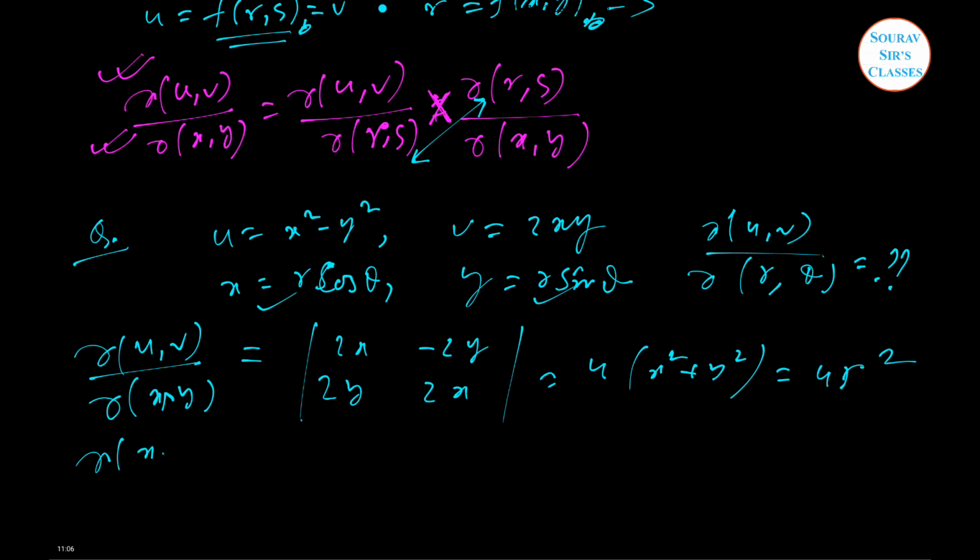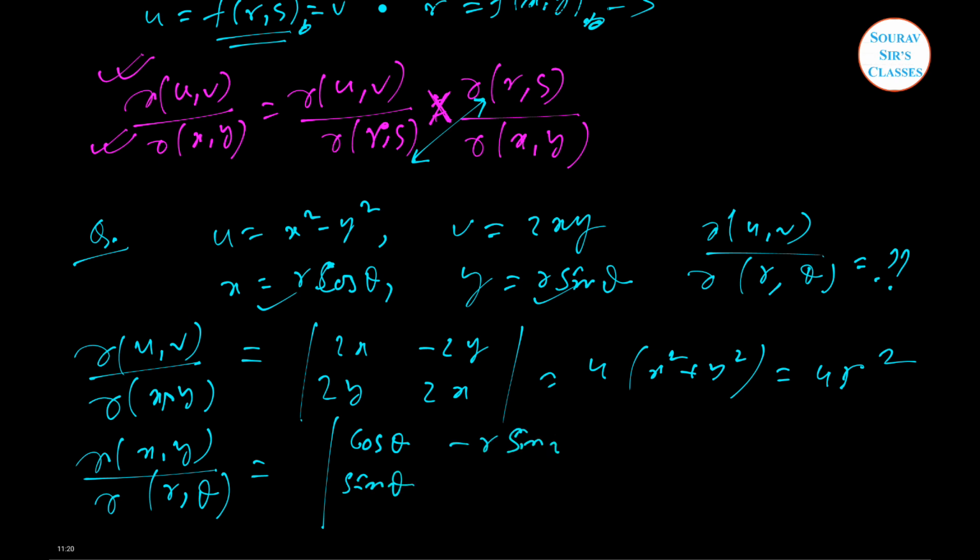Similarly, del x, y by del r, theta, if we do it like this, this will be cos theta, this will be sin theta, just like the very first video we have done in the basic Jacobians, and r cos theta. So this is r square sin square theta plus r square cos square theta, so r into 1.